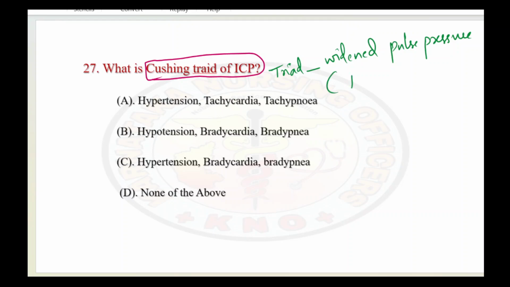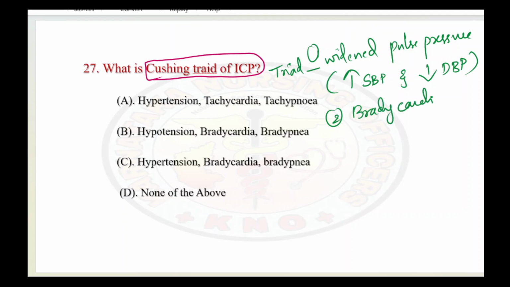In widened pulse pressure, you are going to see increased systolic BP and decreased diastolic BP. Okay, that is the first one. Second one will be bradycardia, and third will be bradypnea. Now you can choose the right answer here.